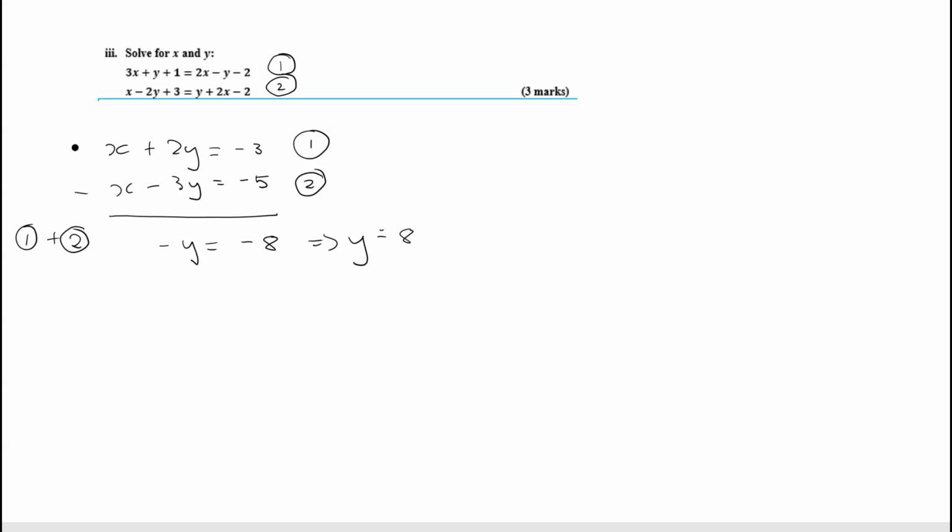Now we could put that into either 1 or 2. I'm going to put it into 1 because it doesn't have any minus signs. So then I've got x plus 2 times 8 equals negative 3. x plus 16 equals negative 3. x then is equal to negative 19.